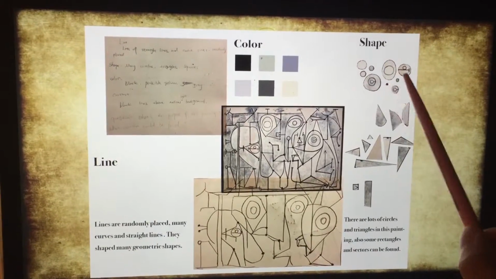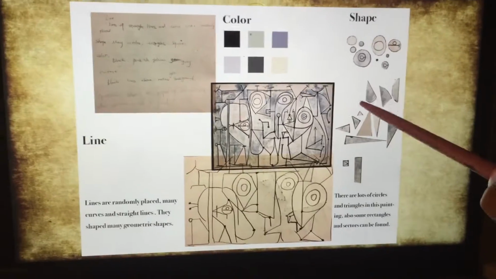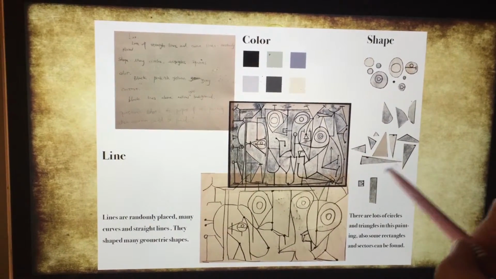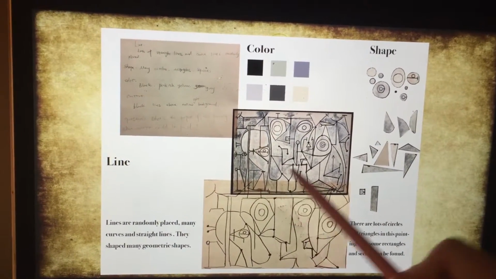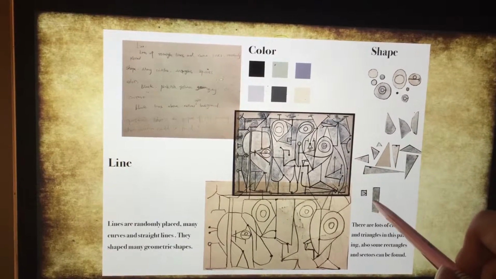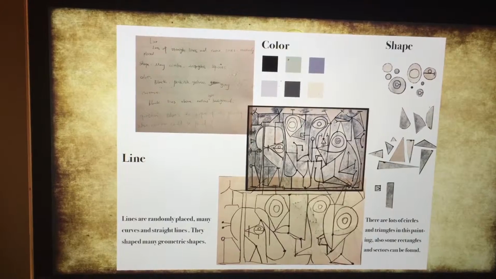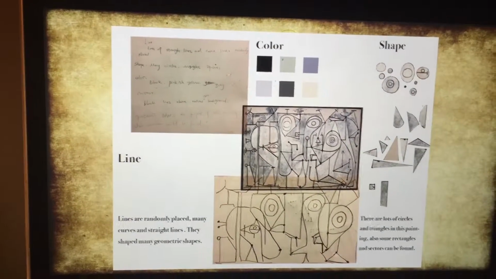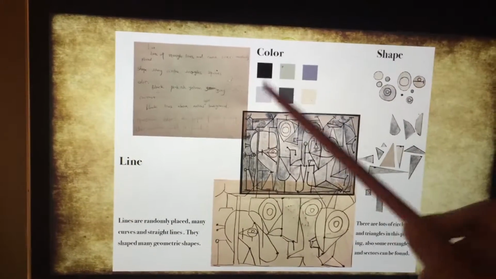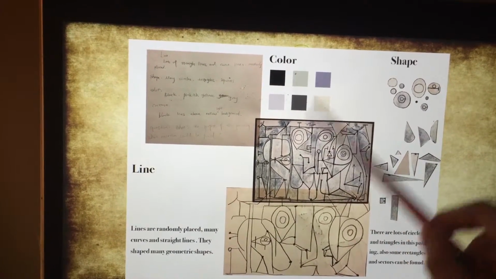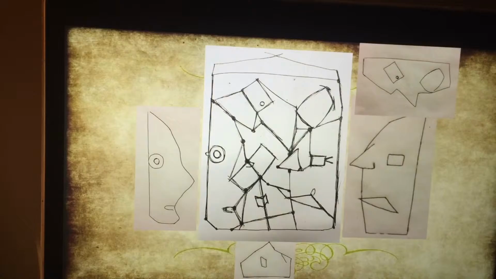For example, these are the circles and semicircles and triangles. I found this and I put it here. These are the rectangles. Oh, and this one doesn't have that much color, so it just has some warm yellow and gray and black.